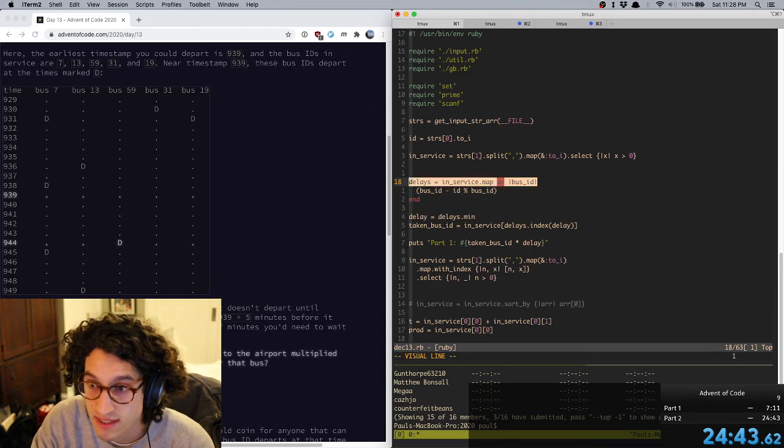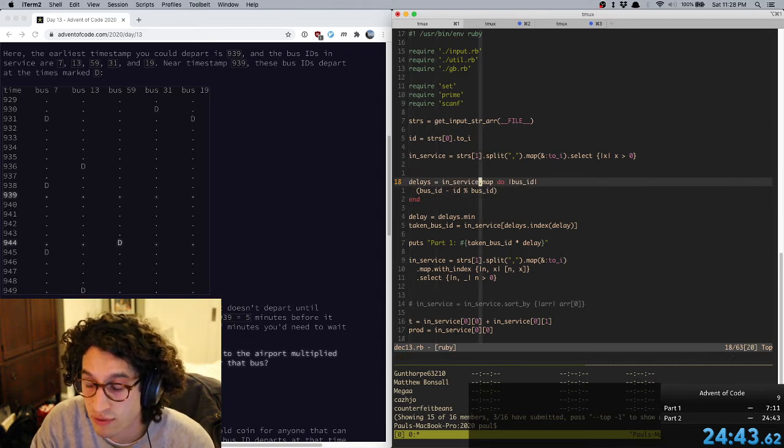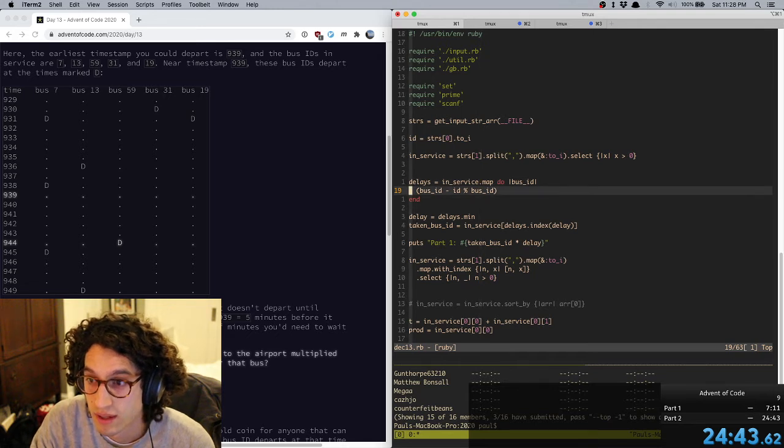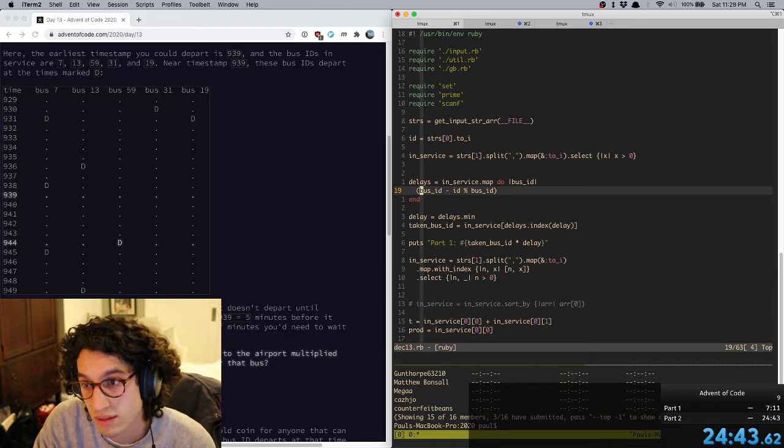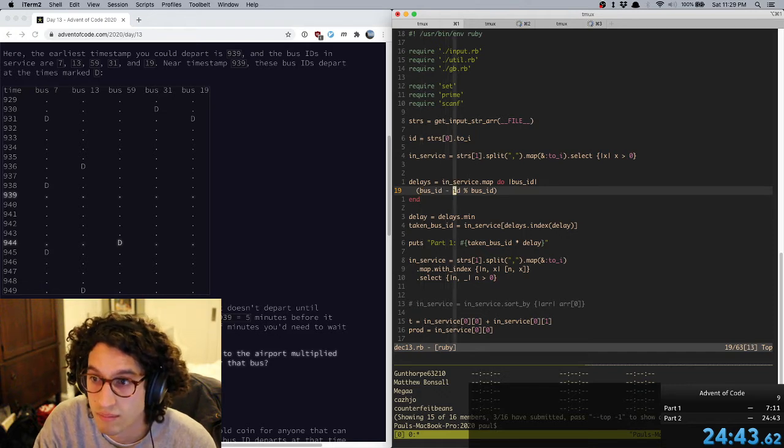To get the delays for each service, do the bus ID minus ID mod bus ID.